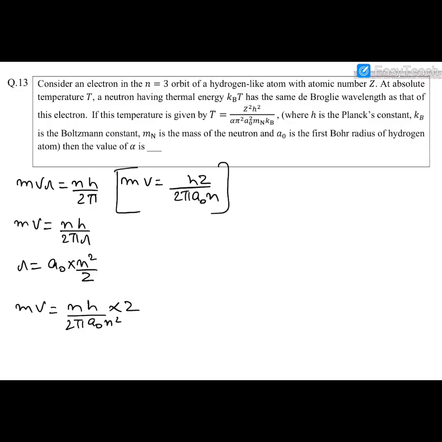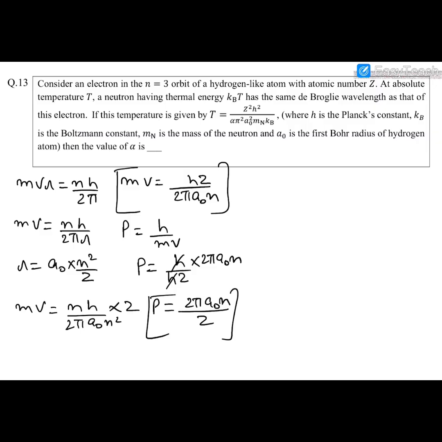This is mv. And the de Broglie wavelength will be h upon mv, and that will be h upon hZ upon 2 pi a naught n. Cancelling h with h, it is 2 pi a naught n by Z. This is the de Broglie wavelength of the electron.